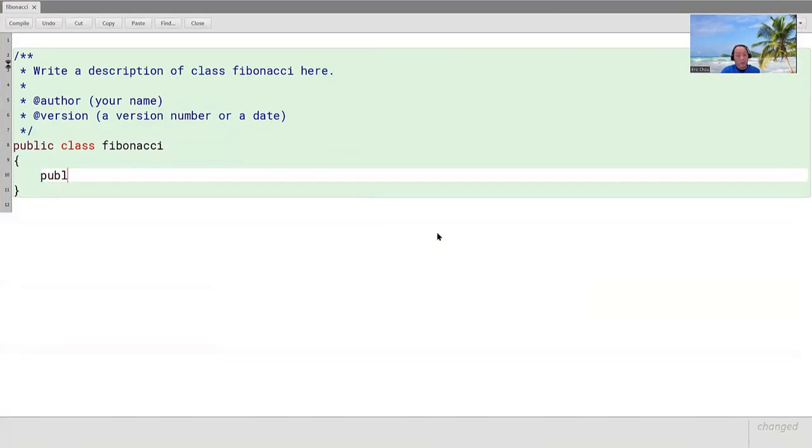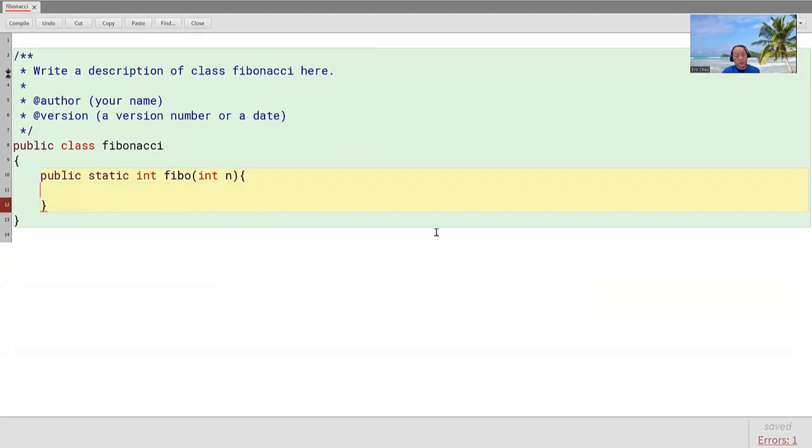So let's do public static integer fib, integer n. Regular recursion: if n equals 0, return 0.